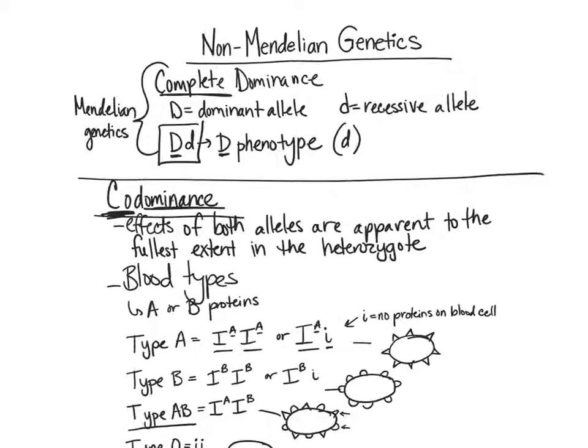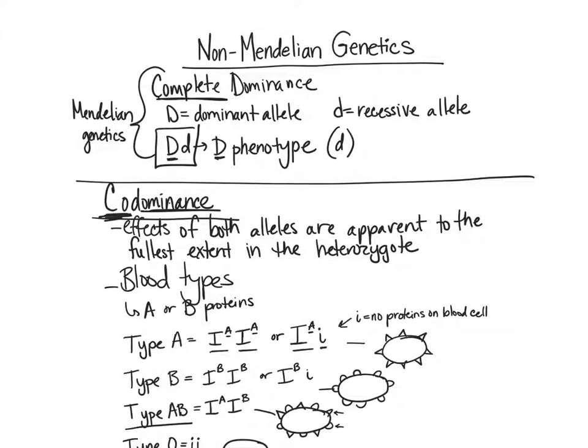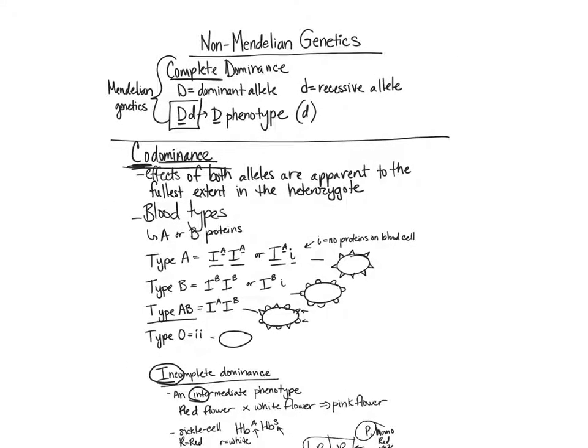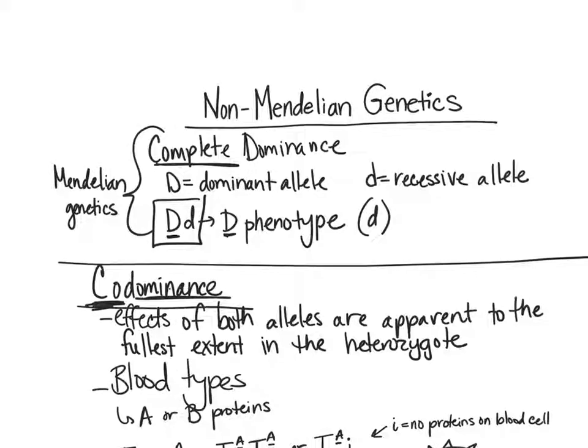And then the first thing that we talked about was called complete dominance. And complete dominance is just what you've learned previously about Mendelian genetics, rather. So Mendelian genetics is based on dominance. There's a dominant allele and a recessive allele. And then in our heterozygote, the dominant allele is going to be the phenotype compared to the recessive allele. So that's what we had talked about previously. And now we just went over all of these different characteristics of non-Mendelian genetics that you should be familiar with.